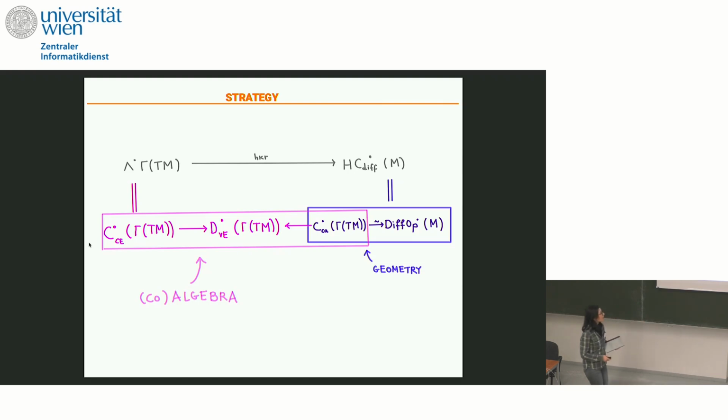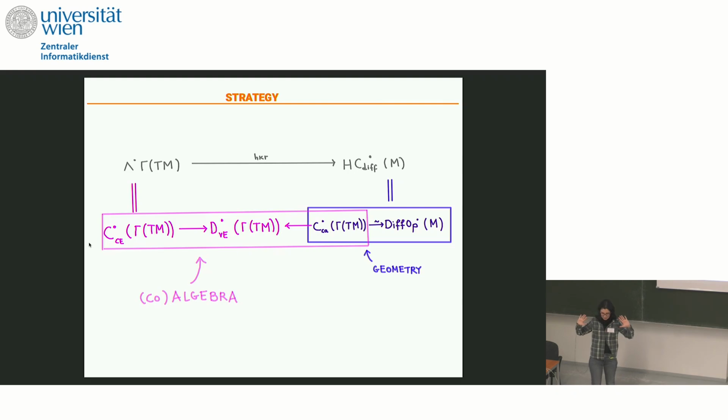And here the steps are purely algebraic or co-algebraic. Meaning what? The idea is that I want to relate this new co-algebra complex with the Chevalley-Eilenberg, because Chevalley-Eilenberg on vector fields is exactly given by the Grassmannian algebra of vector fields, right? So multi-vector fields.